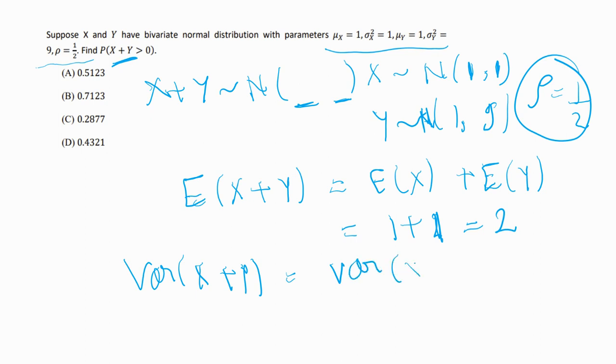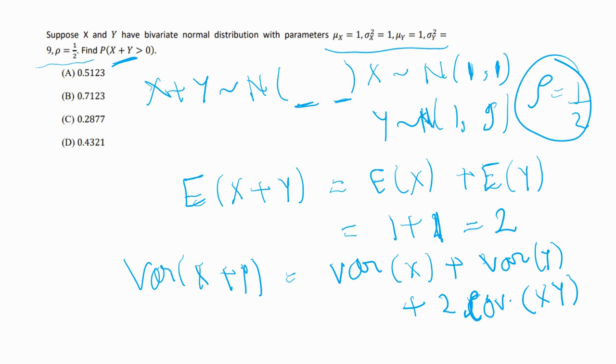Variance of x plus variance of y plus 2 rho, which is the correlation parameter. So you can write covariance of x y and then put it separately.